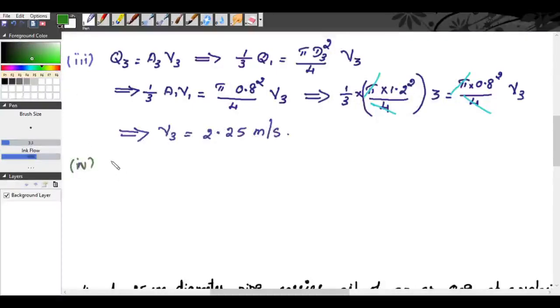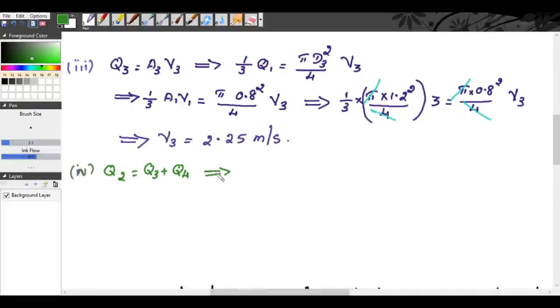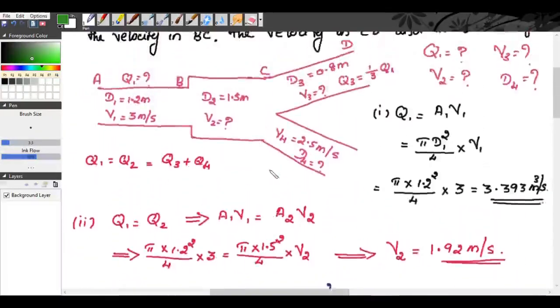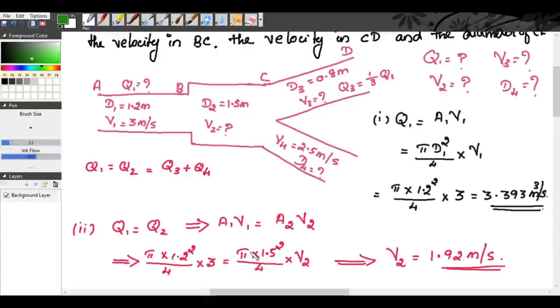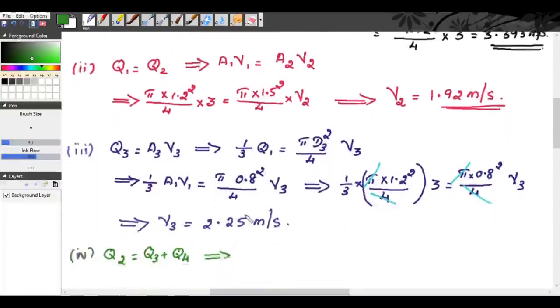We know Q2. Q1 will be equal to Q2, or else we will apply from the basics.